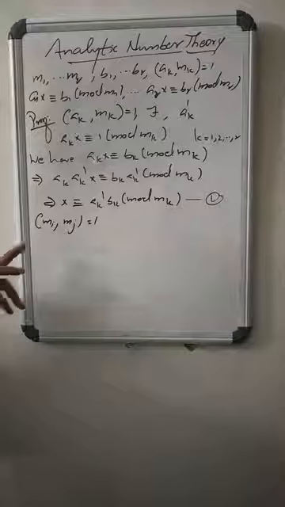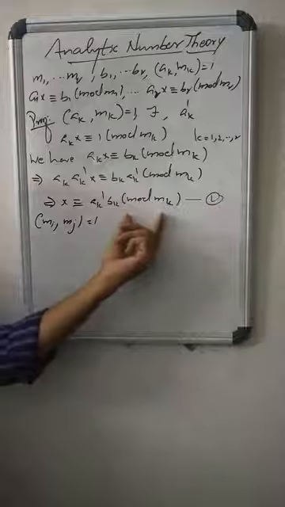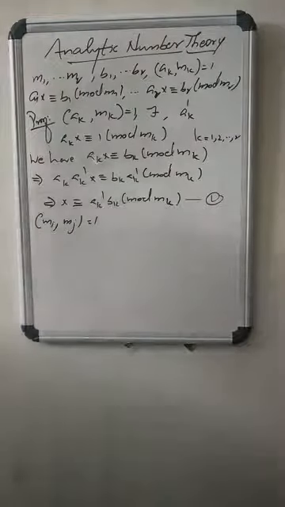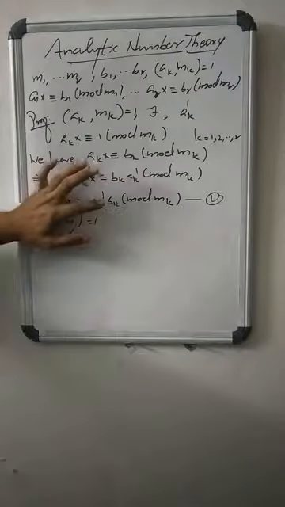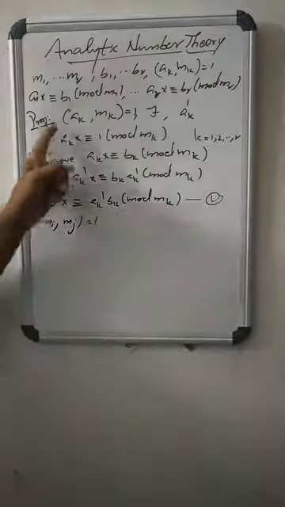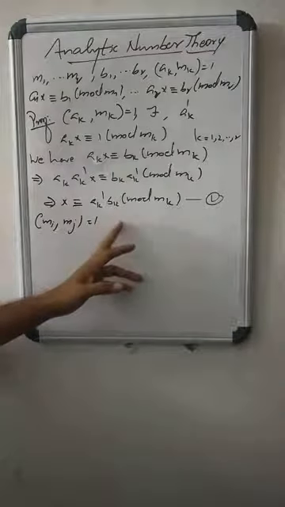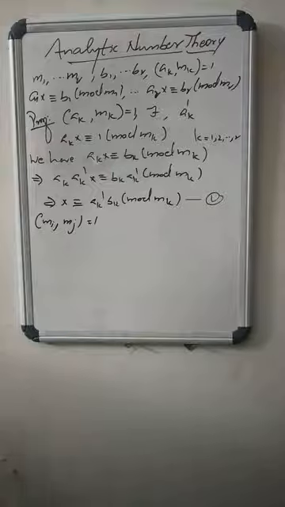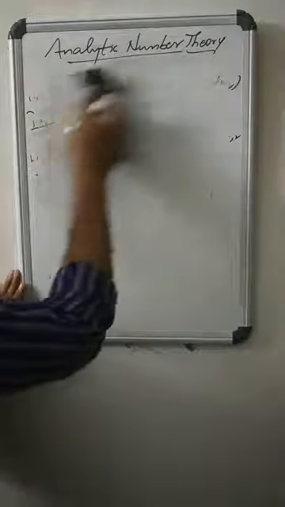As mi and mj are relatively prime, the system x ≡ ak' bk mod mk has a unique solution modulo m1 m2 etc. mr by the Chinese remainder theorem. Therefore the original system has a unique solution modulo the product m1 m2 etc. mr.